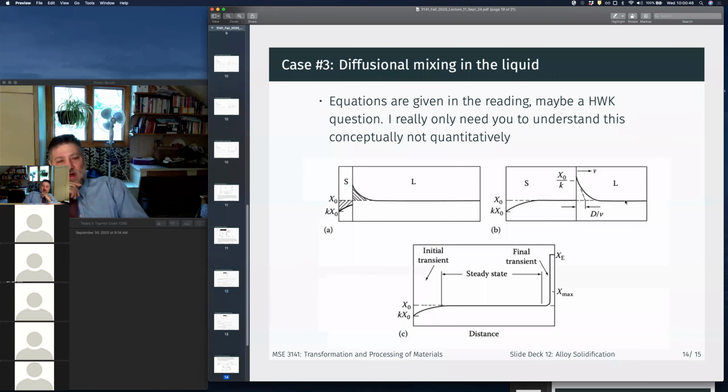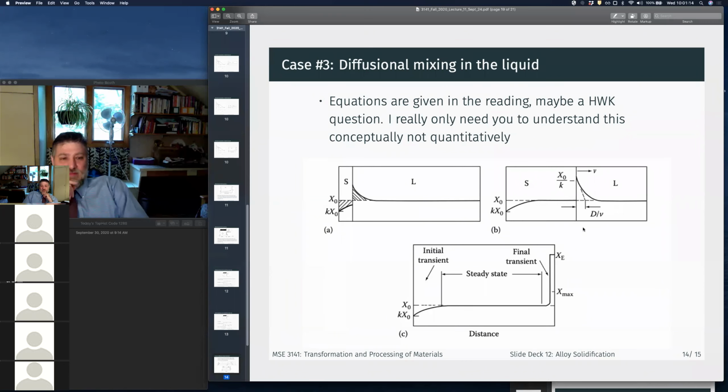Whereas here, most of our liquid still has the average alloy composition, and it's only the region right in front of the interface that has an elevated composition, right? And the length of this region of elevated composition has to do with the velocity and the diffusion, right? But the rest of this out here doesn't know that there's freezing happening. It doesn't know that there's an elevated composition here.